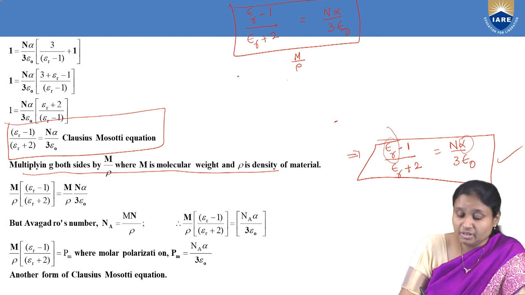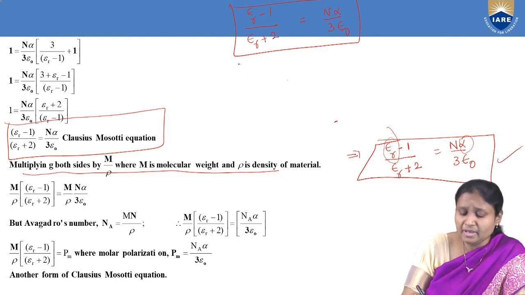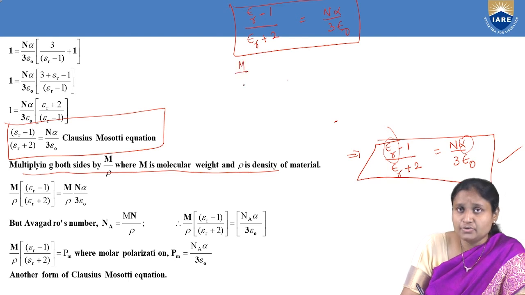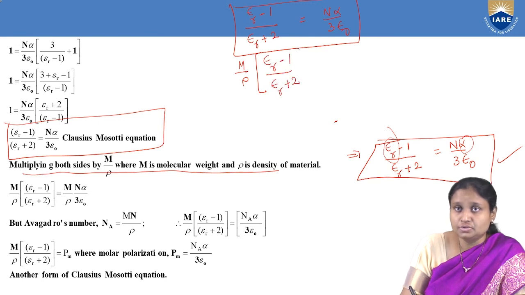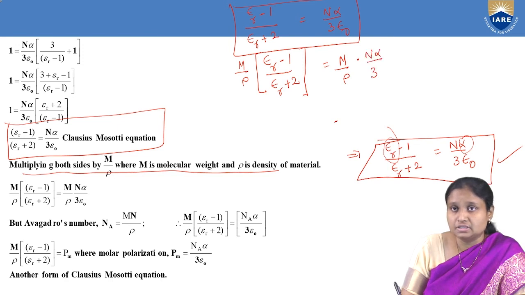So now if I multiply on both sides, we end up having m by rho into epsilon r minus 1 by epsilon r plus 2 is equal to m by rho into n alpha by 3 epsilon naught.